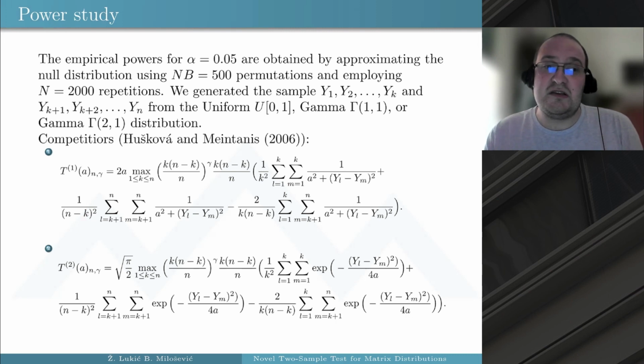We have used the uniform distribution and the gamma distribution, with two different sets of parameters. Our main competitors are the tests given in Hušková and Meintanis, which are quite similar to our test, but they use characteristic functions to find this expression. If you remember from earlier, this test basically has the same form as our test.